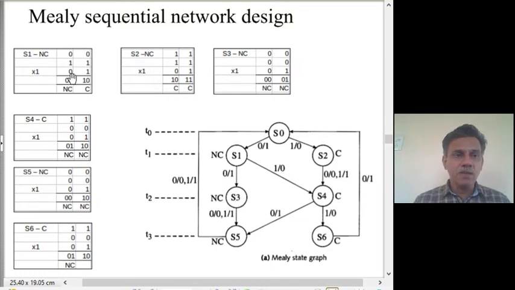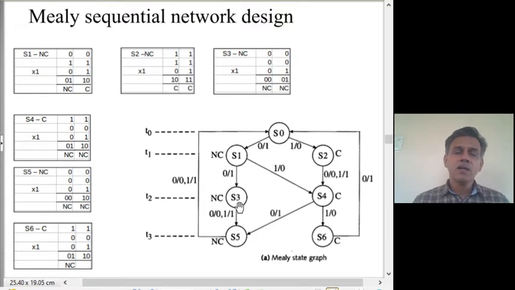This happens when the input is 0 and the output, that is Z1, is 1. So 0-1 is the label that you have to put in the transition from S1 to S3. The input x1 is 0, the output z1 is 1, and we go to a state which is no carry.